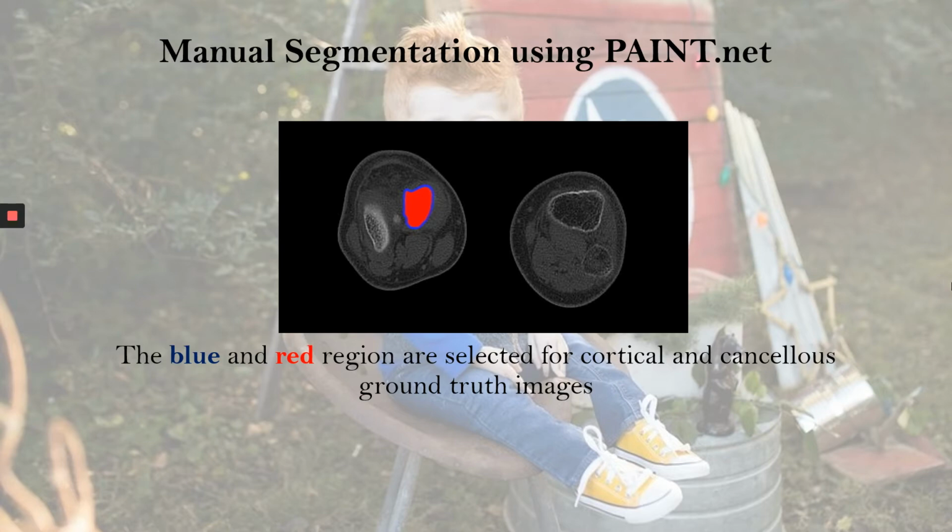Here the blue and red regions are selected as the ground truth images, which are also called manual segmentation images, while automated segmentation images are obtained from the previous study, also using MATLAB.